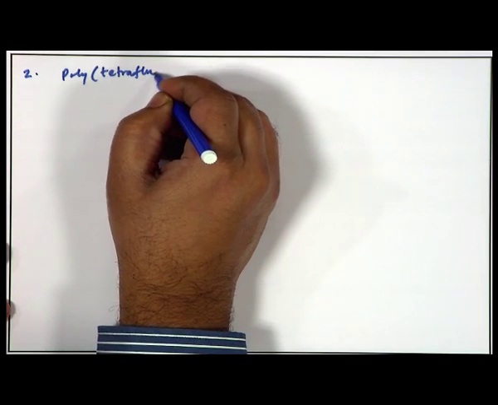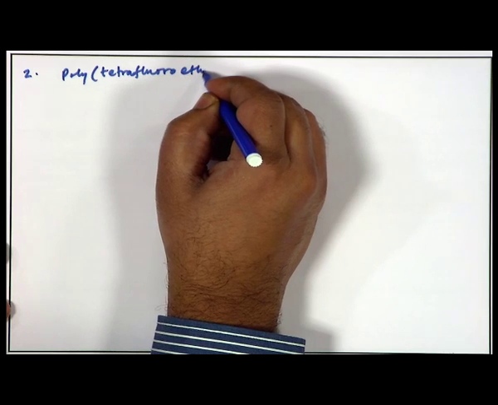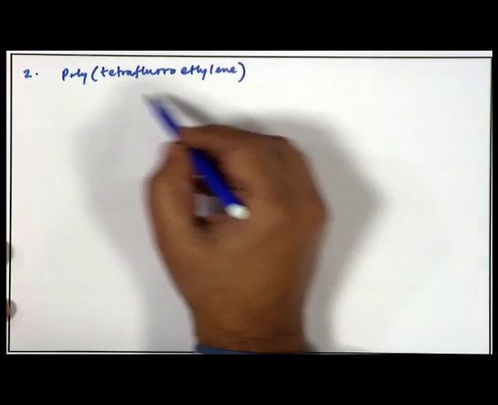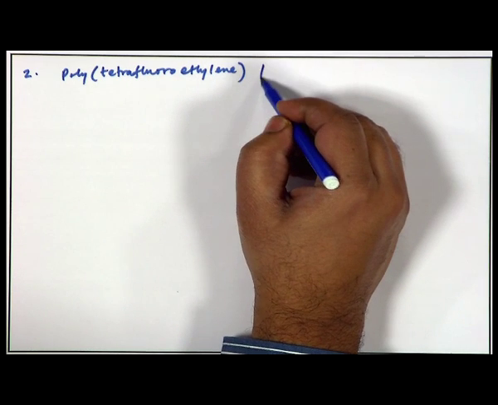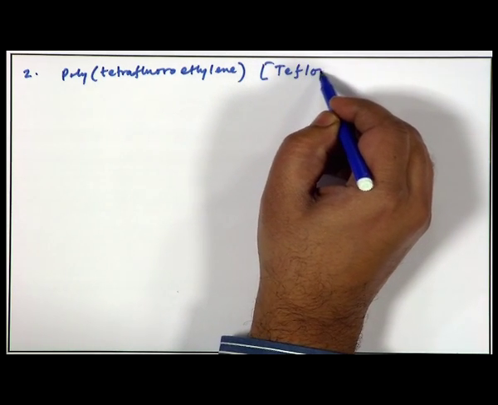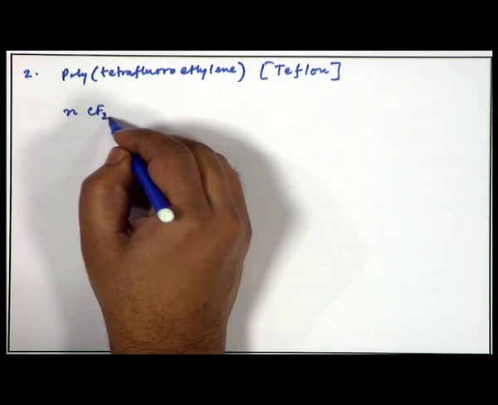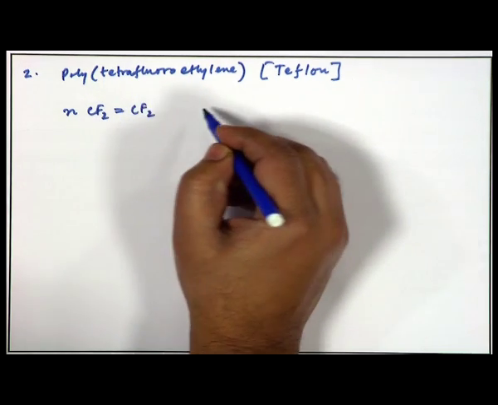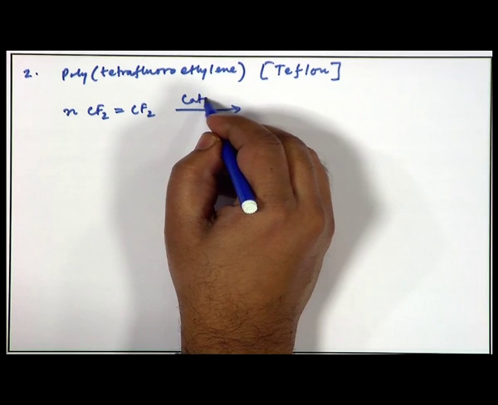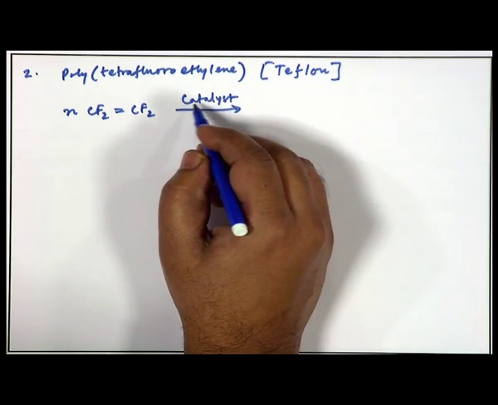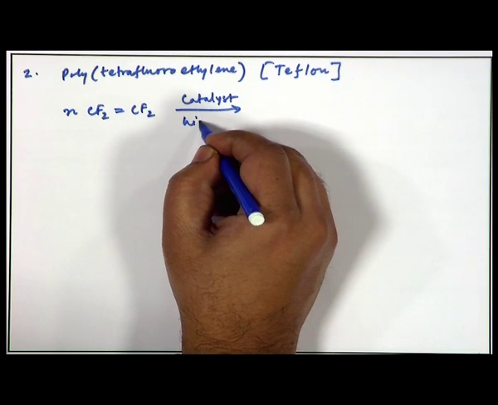Next, we just talked about polyethylenes. The second example would be polytetrafluoroethylene, commonly called Teflon, and it is synthesized obviously like the polyethylene case.